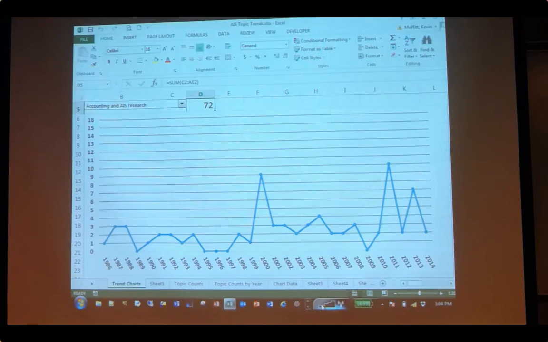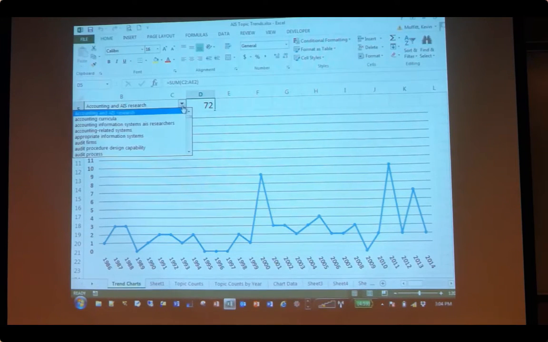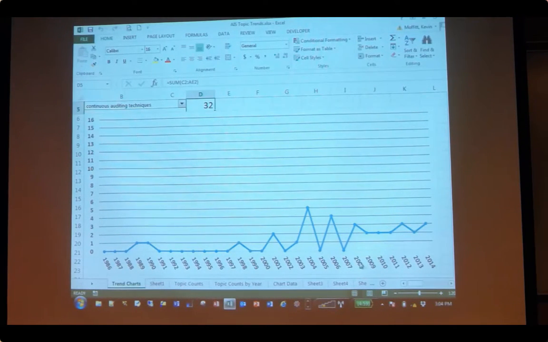We should look at continuous audit, right? Since that's what Nichols does. So continuous auditing techniques, 32. So it's one of the higher ones. I think it might be number 5. This goes up to 16 because the topic with the most mentions in 1 year had 16 mentions.